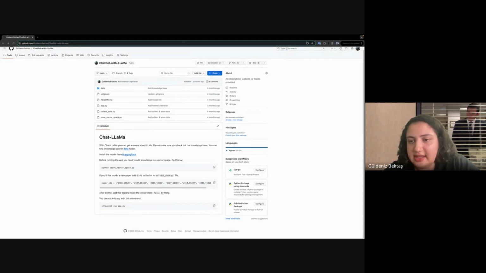And for vector embedding, like I said, it depends on what model you use. If you use GPT, you'll use OpenAI embedding. If Llama uses a different embedding, then you're going to use a different embedding model, and you can find those embeddings in LangChain's documentation.